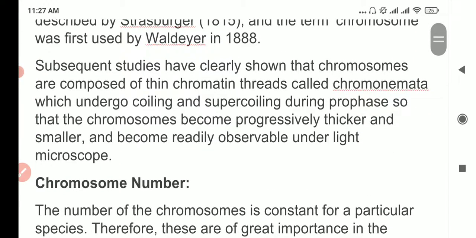So later on, as the scientists kept on studying it, they realized that the chromosomes are made up of thin chromatin threads called chromonemata, which undergo coiling.